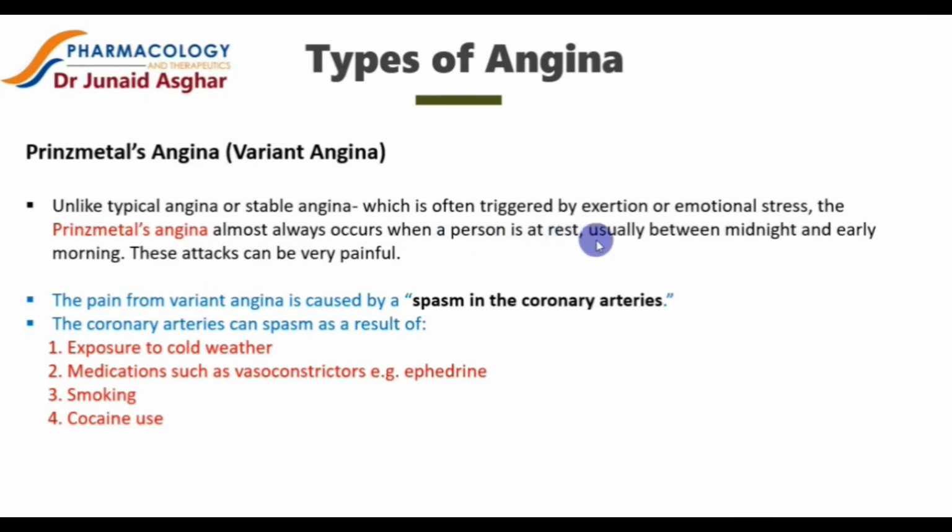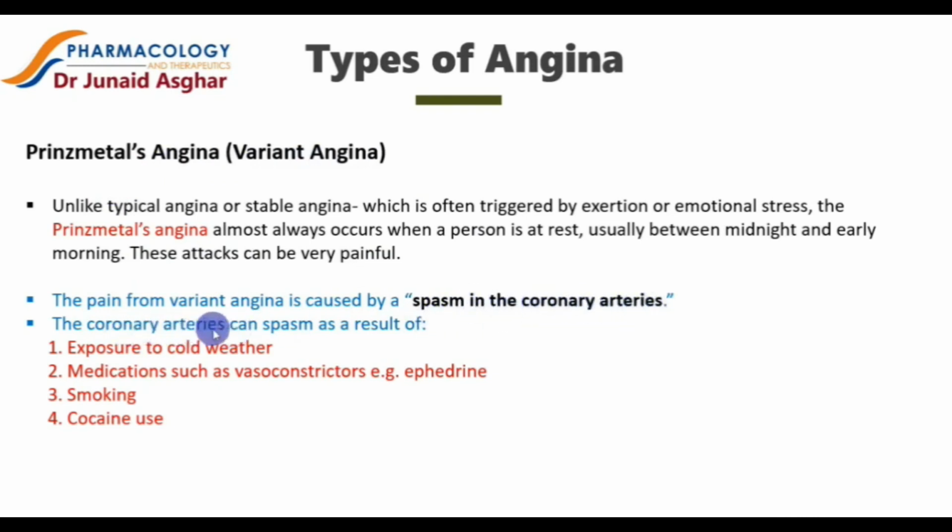So that's dangerous, and that usually happens between midnight and early morning, and these attacks can be very painful. The pain from variant angina is caused by spasm in the coronary arteries. Always remember this term. Prinzmetal angina or variant angina is caused by spasm or constriction in the coronary arteries.